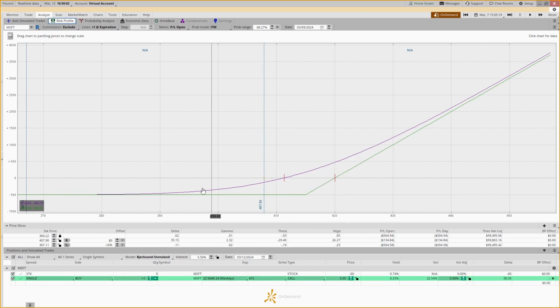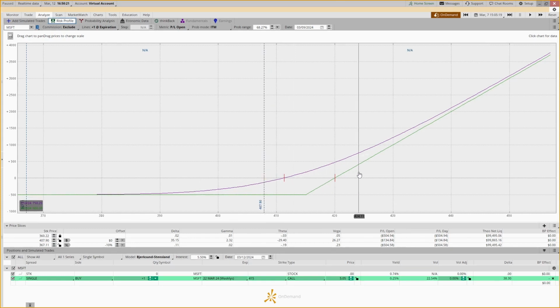So you could see from that we would actually be losing money if the price stays at this level, because look at where this green line is at. If you look towards the y-axis, it actually loses $500. It loses $500 if it stays there.